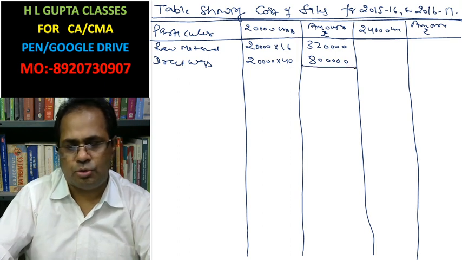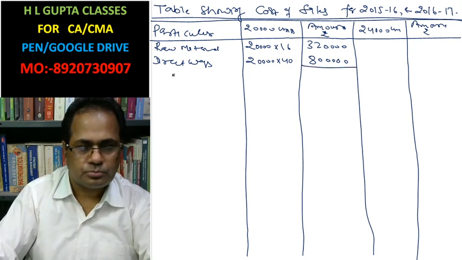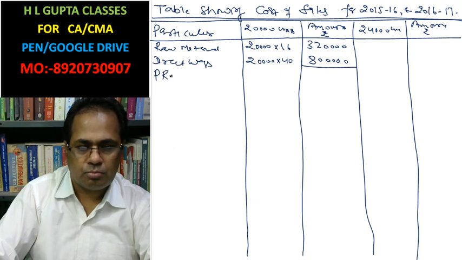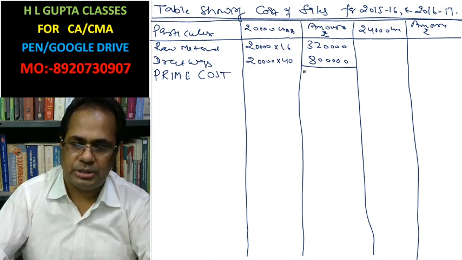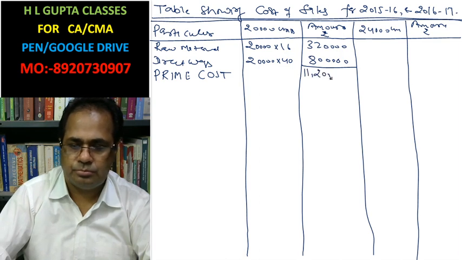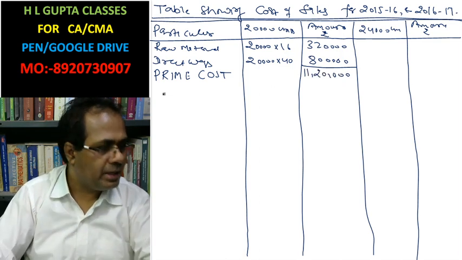Now this is your prime cost. Prime cost 11,20,000.